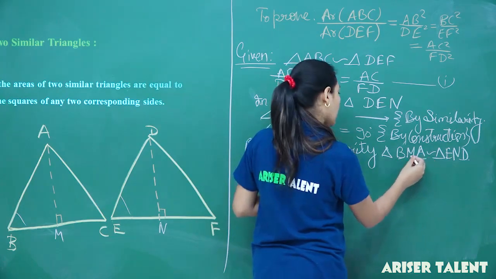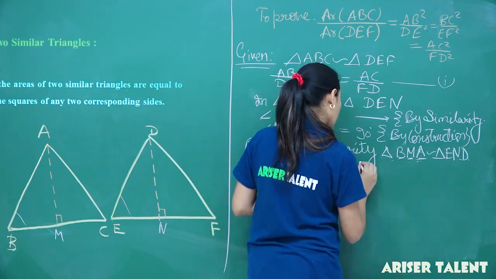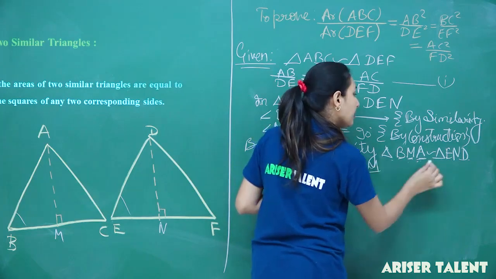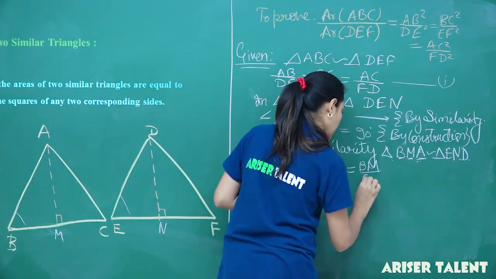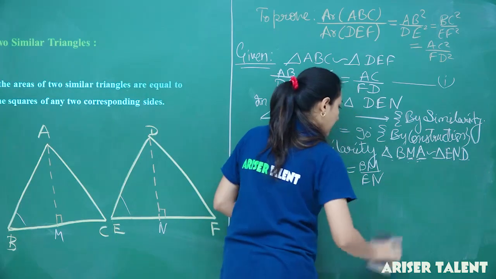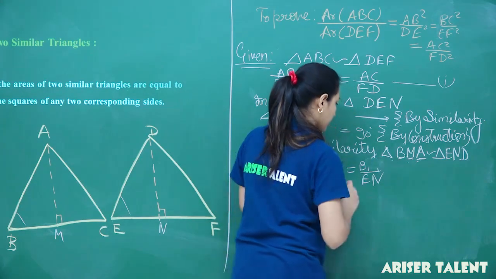AB is done, AM is done, so you are left with BM. BM equals EN.